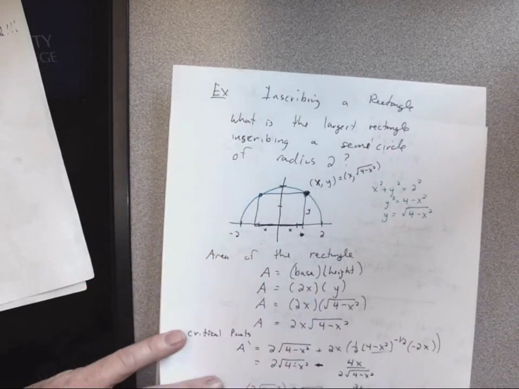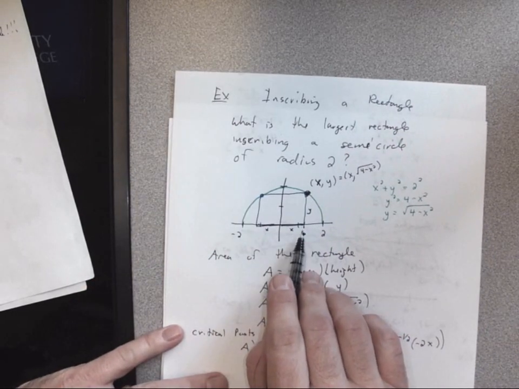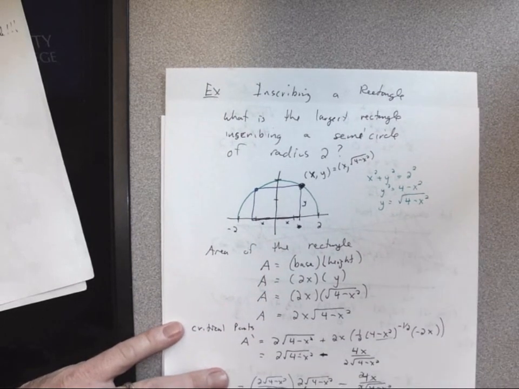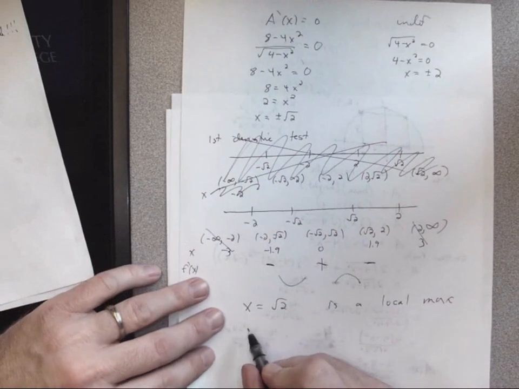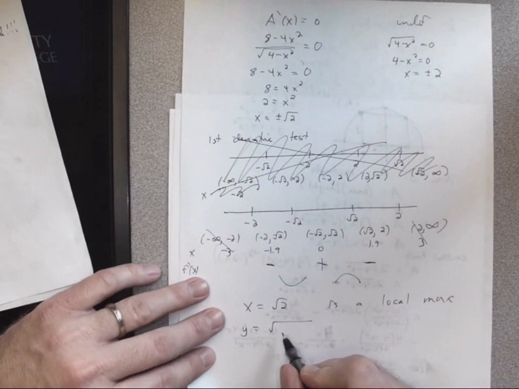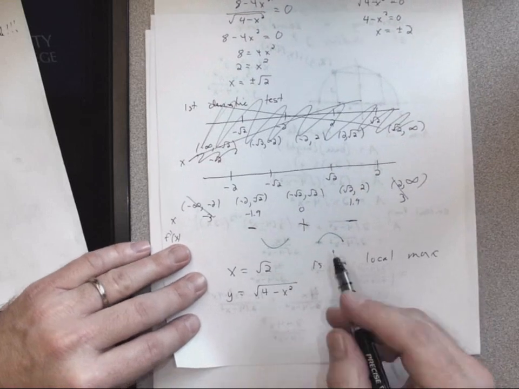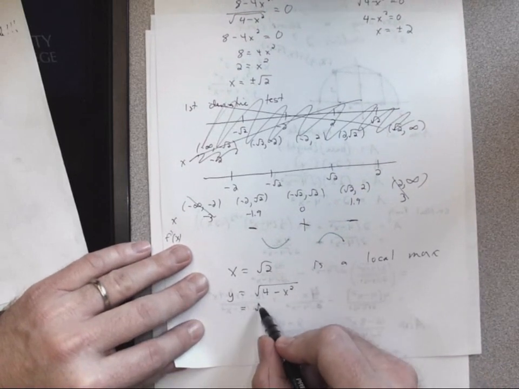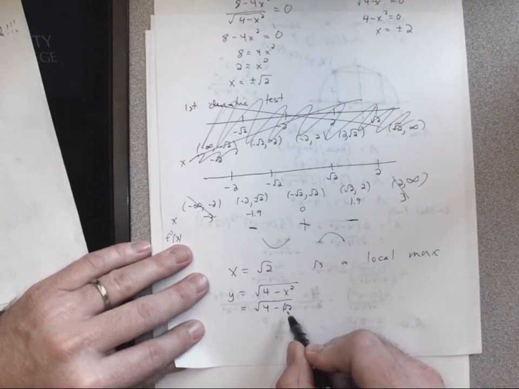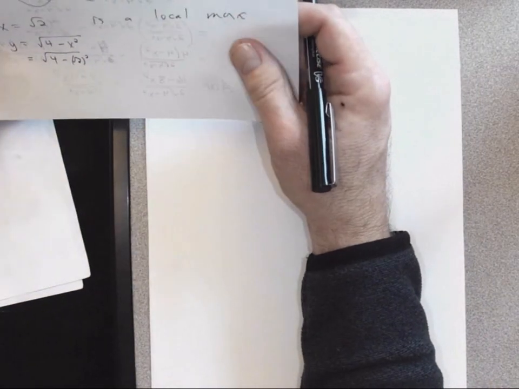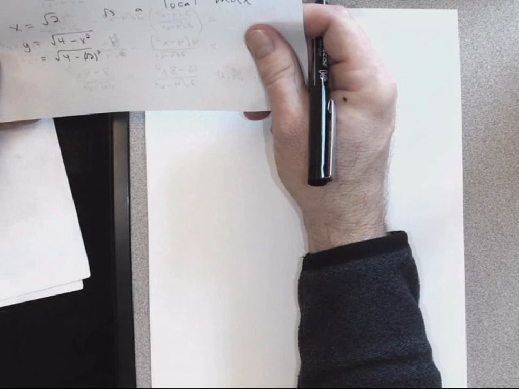So if I go over root 2, I'm kind of curious what the y value is. Let's find the y value. So y is going to be equal to the square root of 4 minus x squared. I just want to know the dimensions of the rectangle. So this is going to be the square root of 4 minus root 2 squared. 4 minus 4, y is going to be equal to 0?